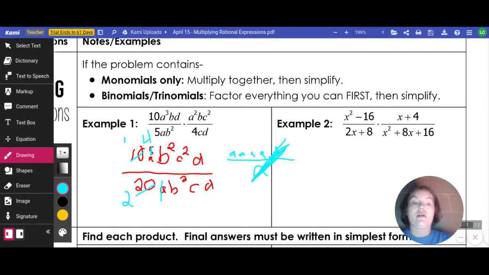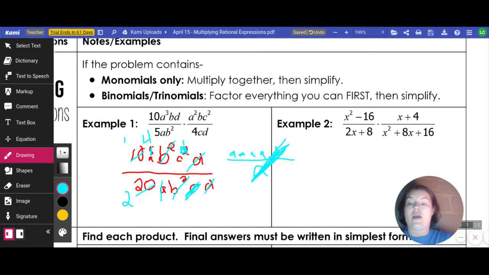Now my b's. Well, I have b squared over b squared. Those are going to completely cancel out, so those are gone. Now I've got c squared over c. So the 1 c on the bottom is going to cancel out with one of the c's up top, and I'm going to be left with c to the 1. And then I have d over d, and that's going to cancel out.